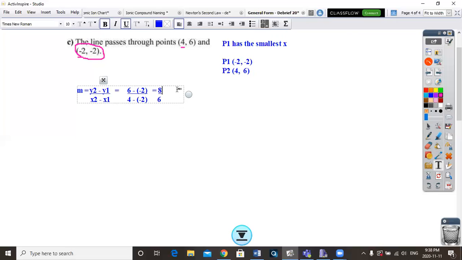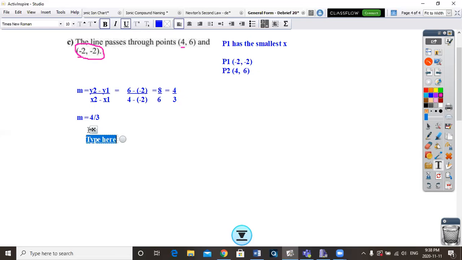Of course, you want to make sure that we reduce the fraction. So 8 over 6, we'll divide both by 2, so that's going to be 4 over 3. Bottom line is m is 4 over 3.